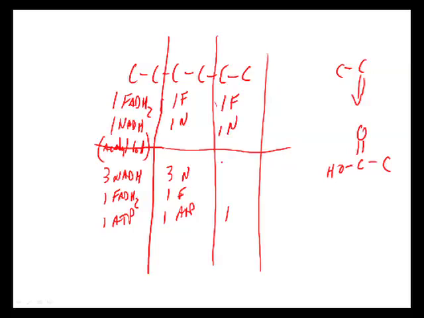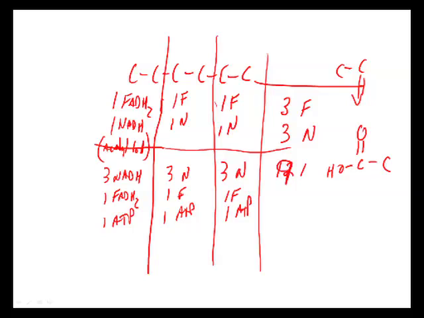So if we look at our yields here, from this 6-carbon fatty acid, how much FADH2 do we get just from the beta oxidation part? 3. How much NADH? 3. How much NADH do we get from the citric acid cycle part? 12.